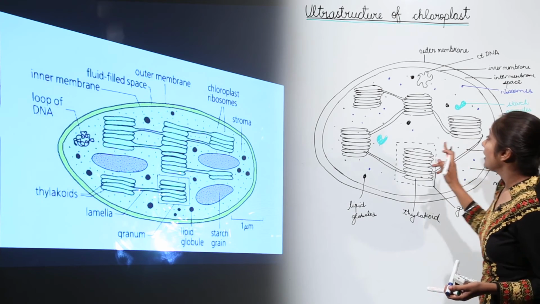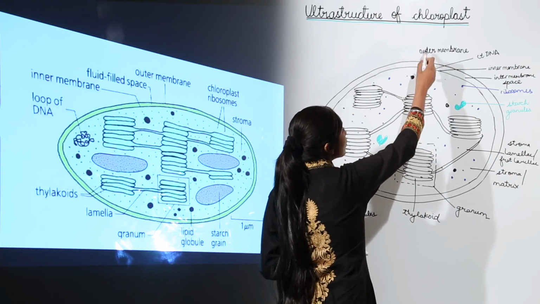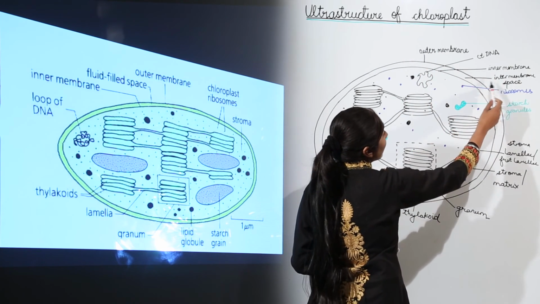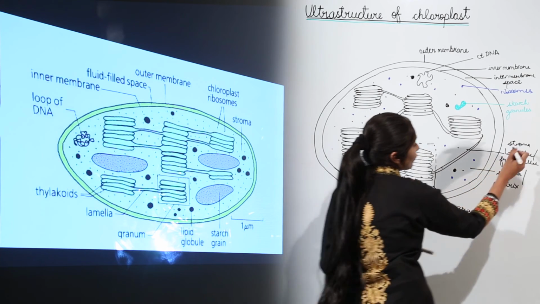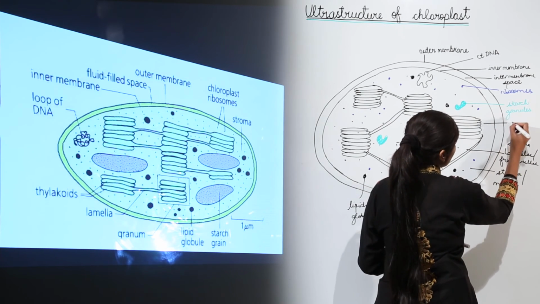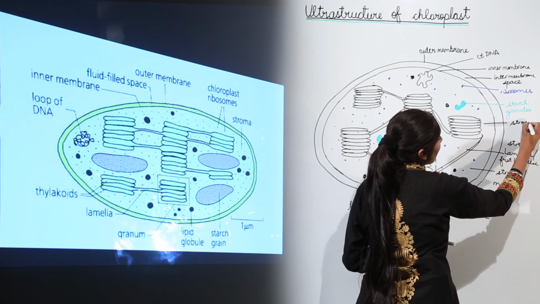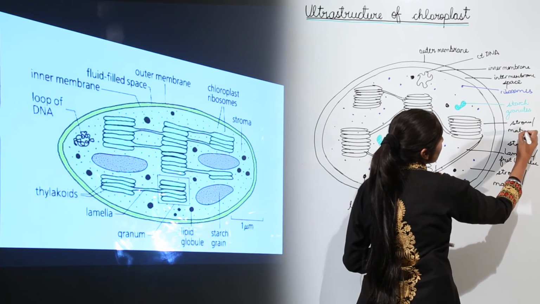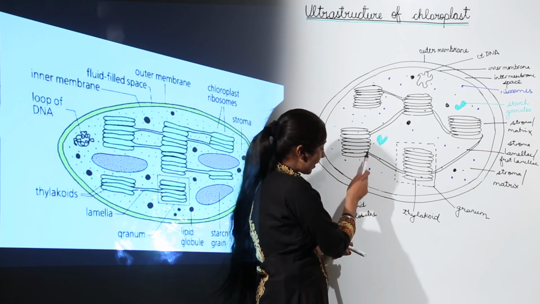Okay. Let us remember after this: outer membrane, inner membrane, intermembrane space. Then we have stroma, or stroma is also known as what? Stroma is also known as matrix. Then we have drawn these thylakoids, discoid thylakoids.